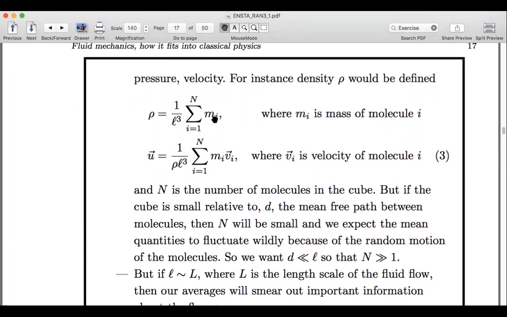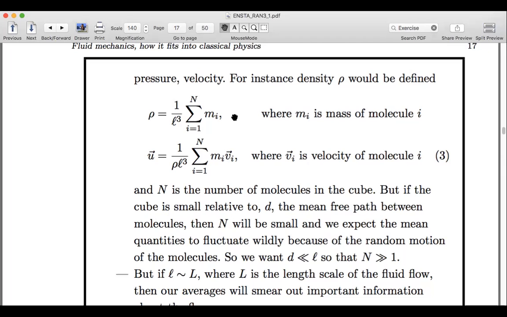Well, if we wanted to calculate the density, we would sum up the mass of each molecule that falls within our cube of length l, where i is the index of the molecule number, going from 1 to n, where n is the number of molecules in this cube. That would give me the total mass of all the molecules, and I divide that by the volume, and that would give me the mass per unit volume.